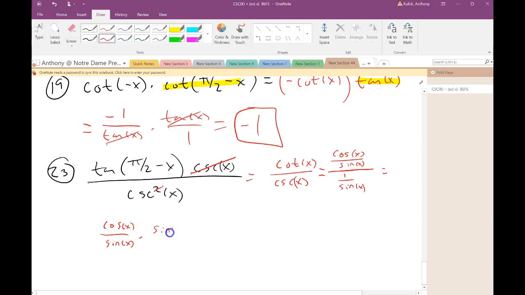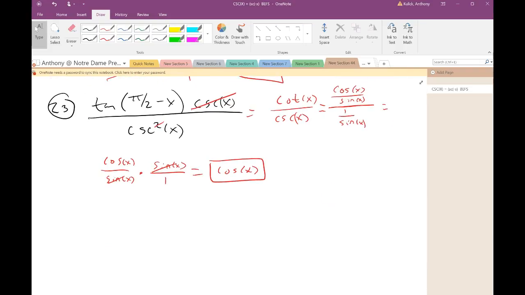We'll flip the bottom and multiply. And you're left with cosine. Yeah, good job. It's okay. Because guess what we're going to do? The kind of thing we're going to do next is exactly that, where you have the answer and you're going to prove out to it.